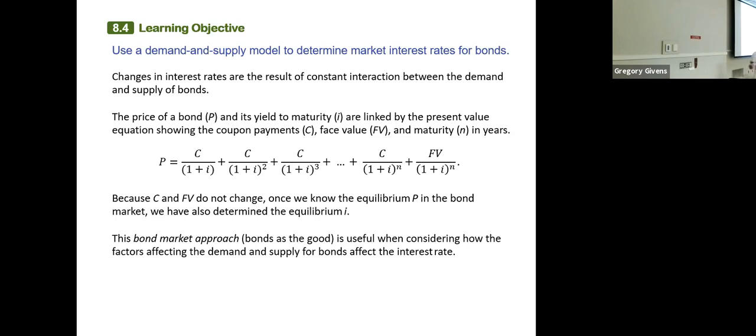There is an alternative economic model that you probably discussed in your principles class, maybe even your intermediate macro class, called the loanable funds model. You guys remember that? That's a very popular model in principles to talk about what determines interest rates. In that model, what is the good that is being traded?